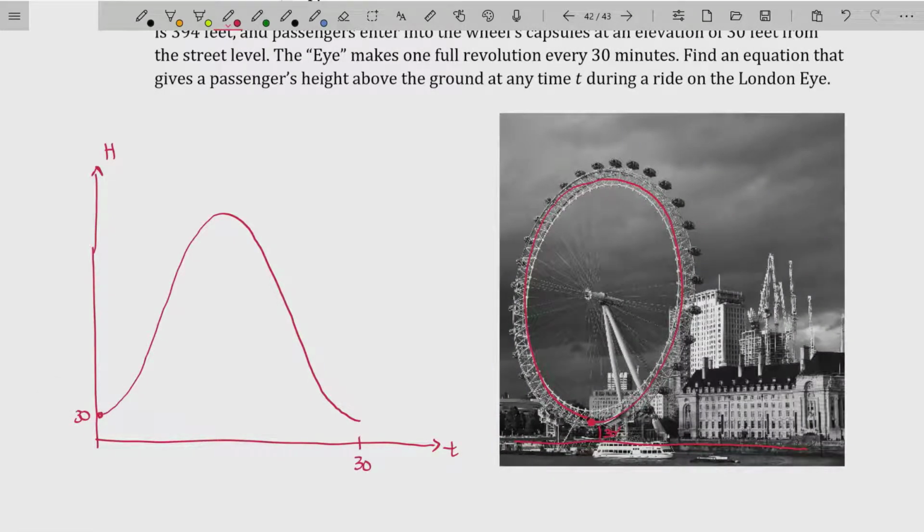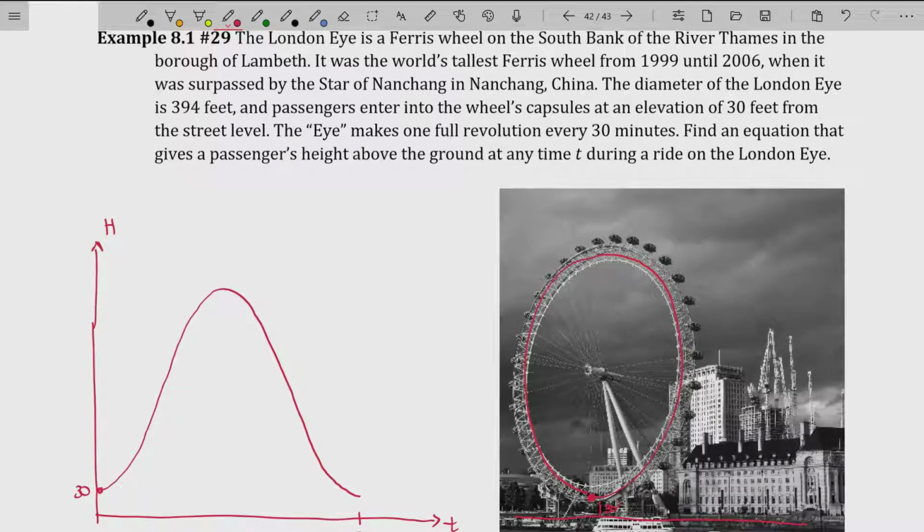All right. And let's see what else. Well, we know the diameter. They gave us the diameter of this to be 394 feet. So the radius is half of that. And half of 394 is 197. So I'll write that in there, 197 feet.